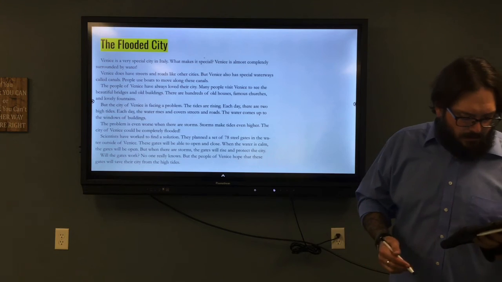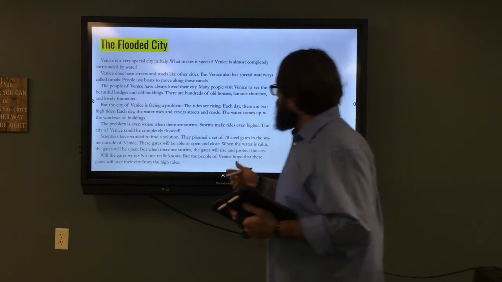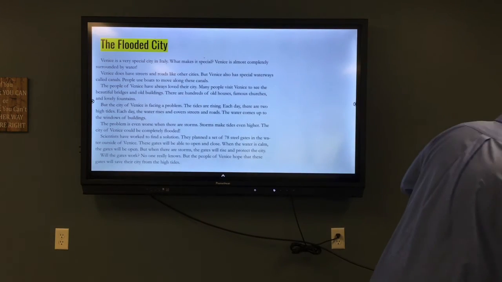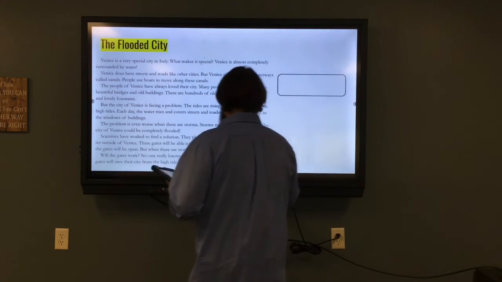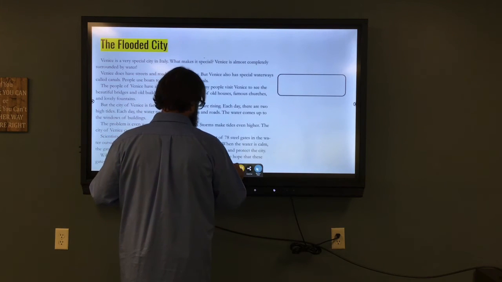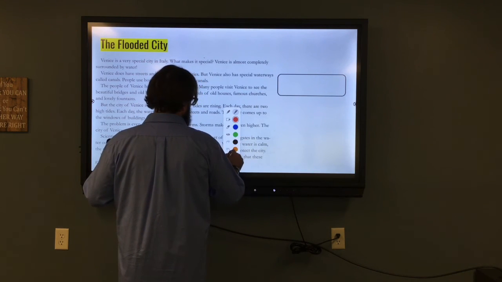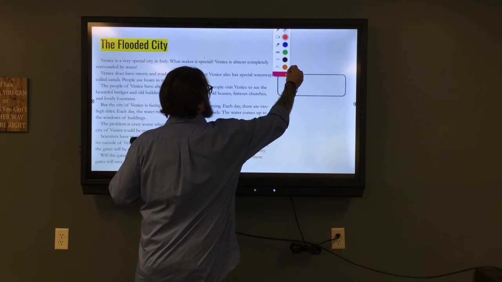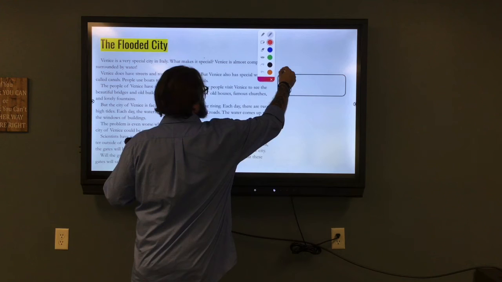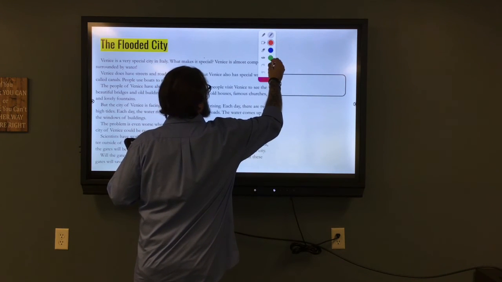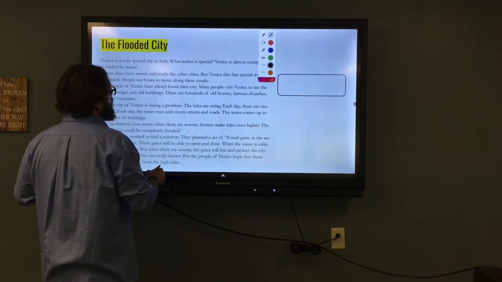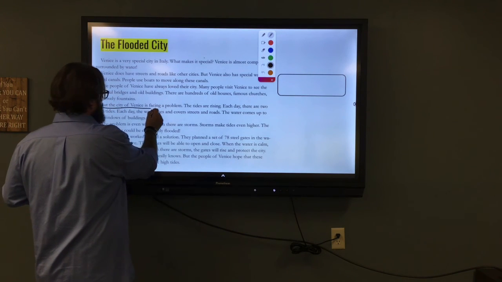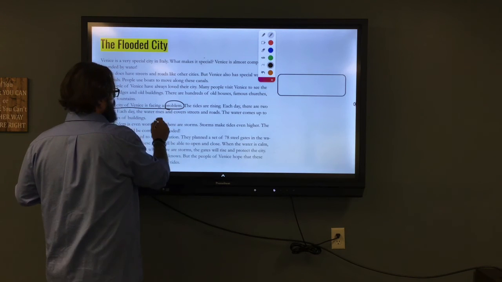All right, so what do we learn from this passage? What is the problem? In this case, it's fairly easy to identify. Because it tells us the city of Venice is facing a problem.